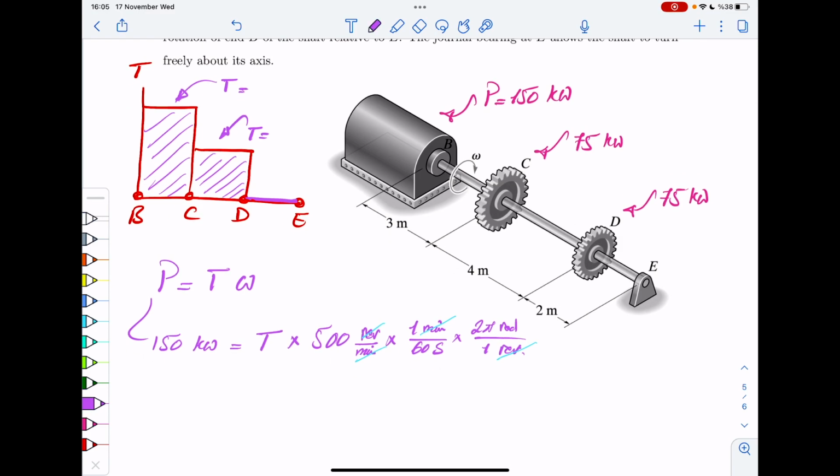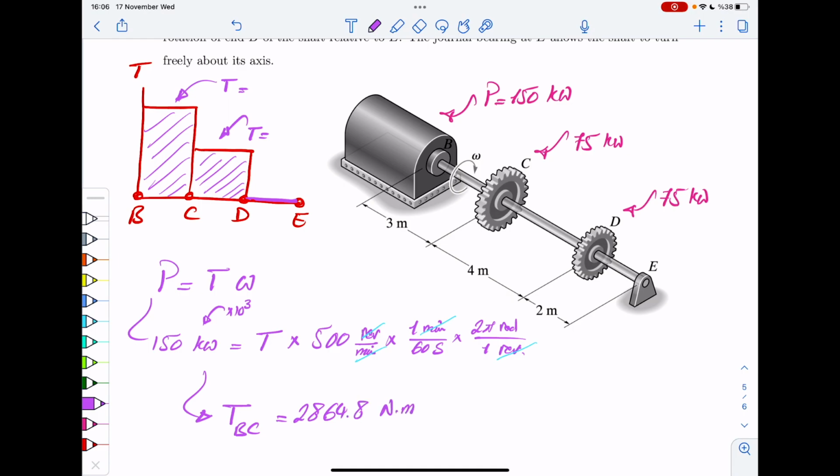On the right-hand side, for kilowatt, obviously you use 10 to the power of 3 watts. So you insert this and you get T between B and C, the full torque, to be 2,864.8.